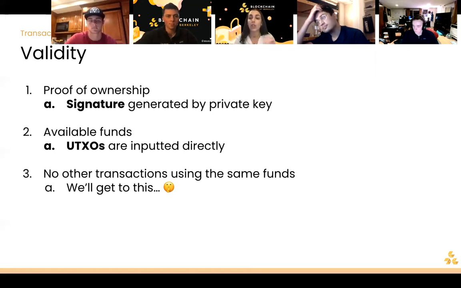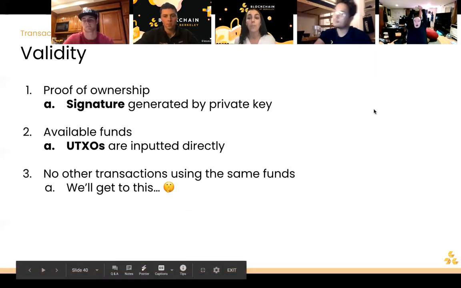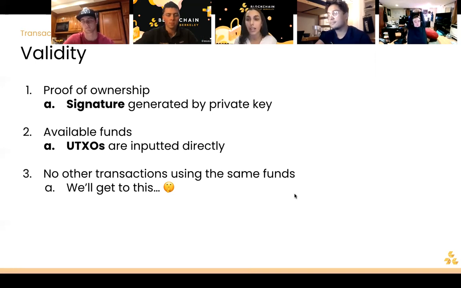And so when that transaction is sent, you're proving that you own those UTXOs and you want to send them out now. And then you can prove that you have available funds because those UTXOs, like we just saw on the slide before, are inputted directly into the transaction. So if the sum on the left is less than the sum on the right, the transaction won't go through because you don't have the available funds.